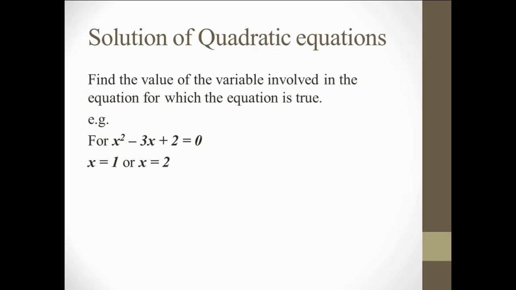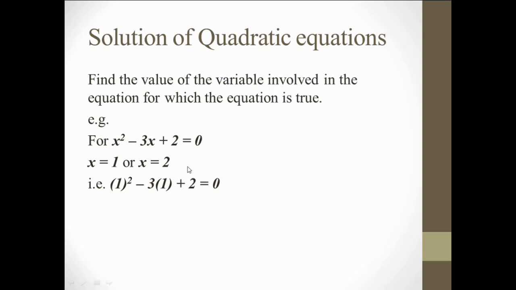It means for x equals 1, when you put the value of x equals 1 in the equation, we get the left side also equal to 0. And the right side of the equation is already 0.